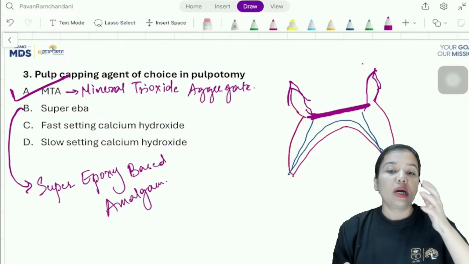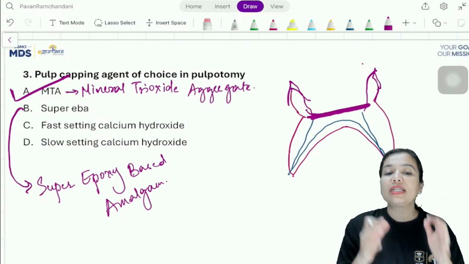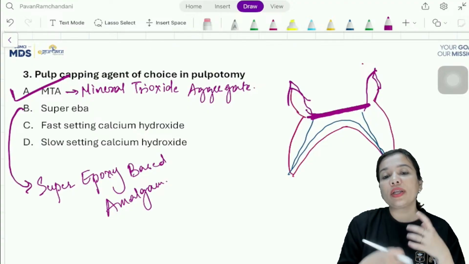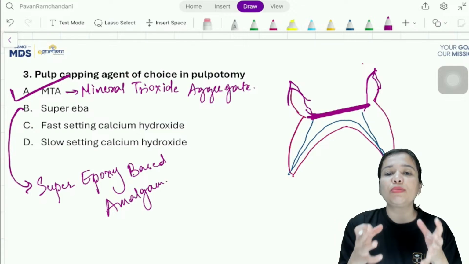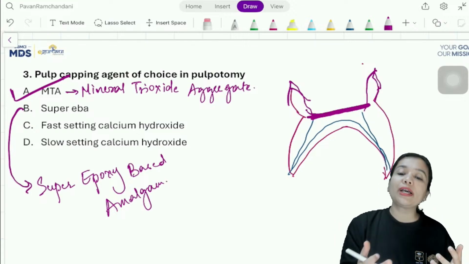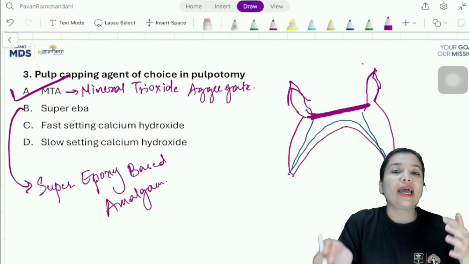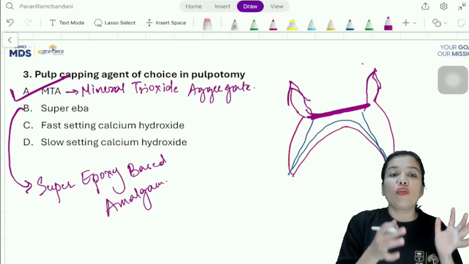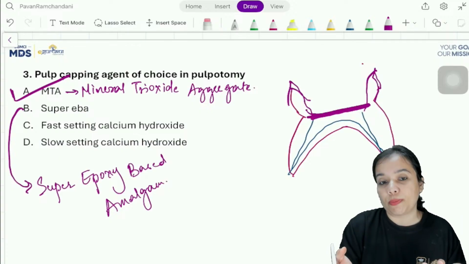Okay, so similar is fast setting calcium hydroxide and slow setting. Calcium hydroxide is a material that has historically been used. However, fast setting calcium hydroxide has some drawbacks. So what are the drawbacks of the fast setting calcium hydroxide? It has high solubility and low sealing ability. Over time, it may dissolve and lead to bacterial infiltration because of such a property.